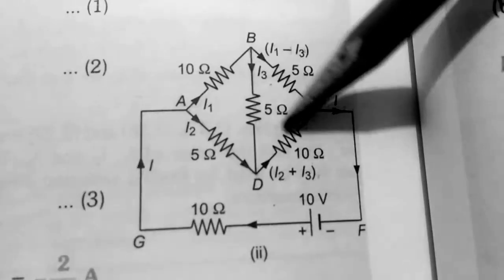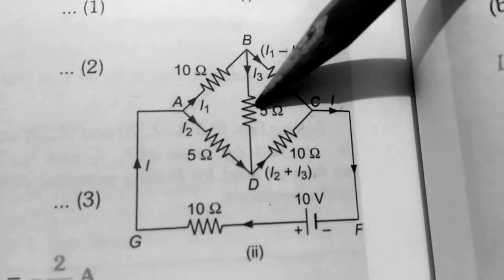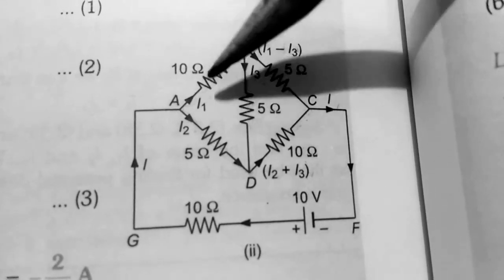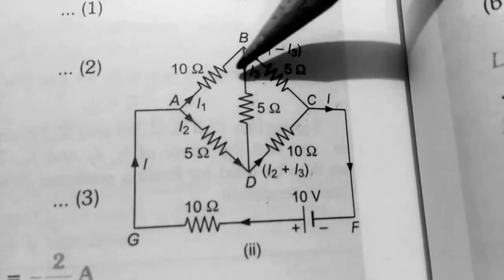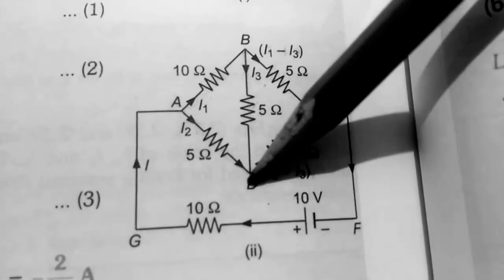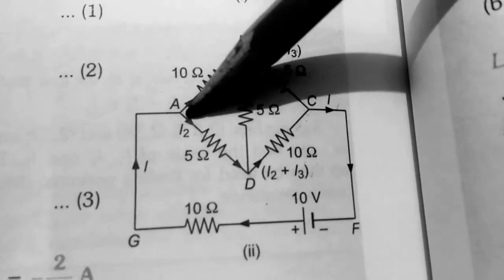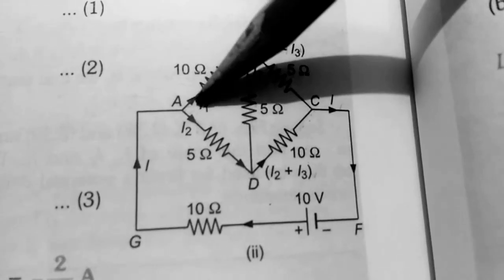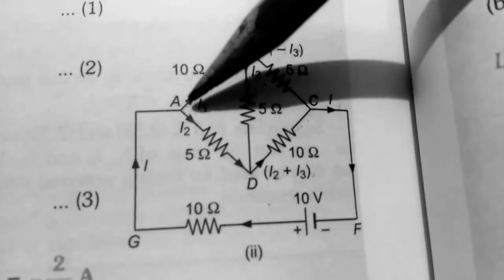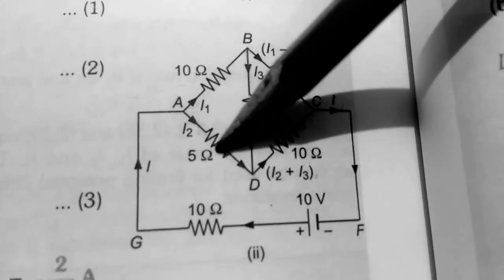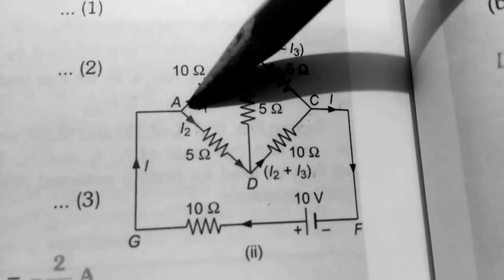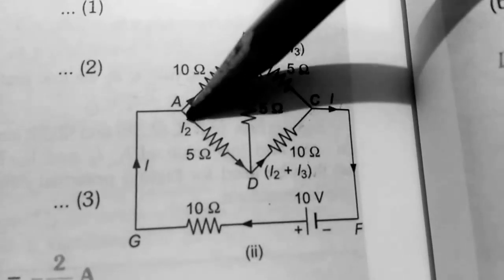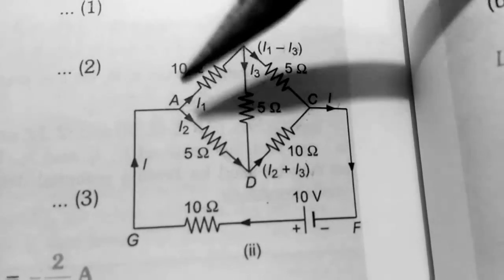Now we will solve this by Kirchhoff's loop rule. For that, first we will consider this loop A, B, D, A. Here we will take I2 as positive. So I1 and I3 will be negative. I2 is flowing in this direction.